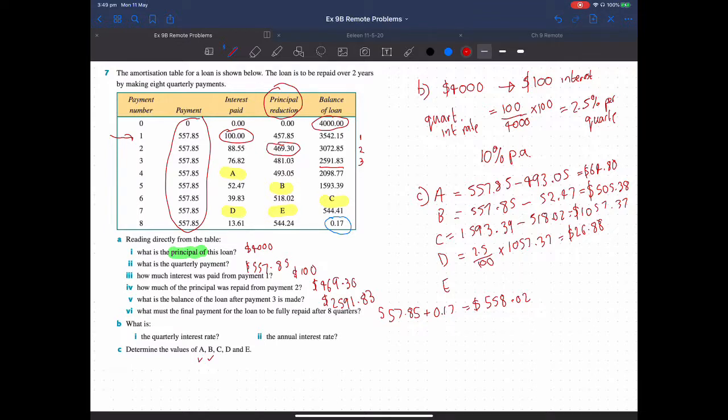We've just worked out the interest paid. So E is going to be $557.85 minus our previous answer, $26.88. That will come to $530.97.